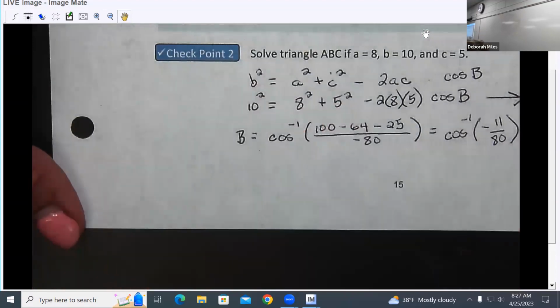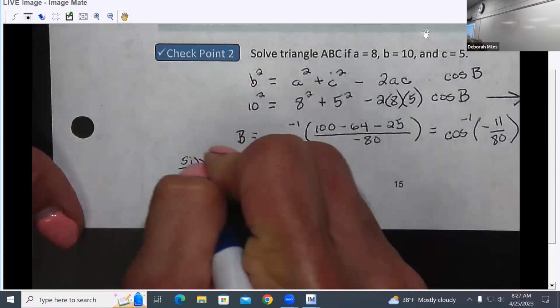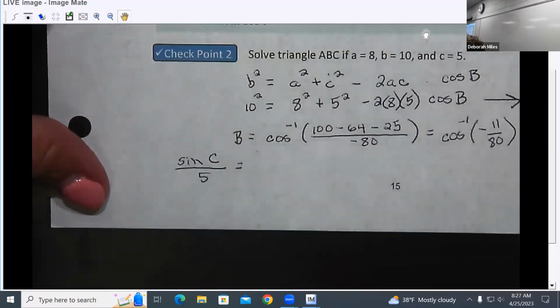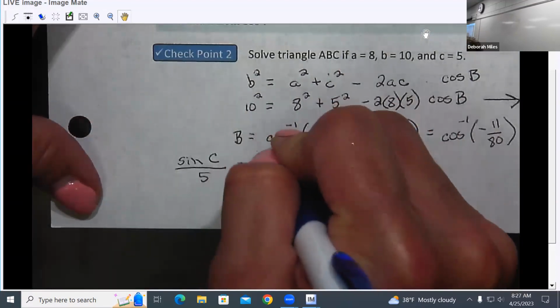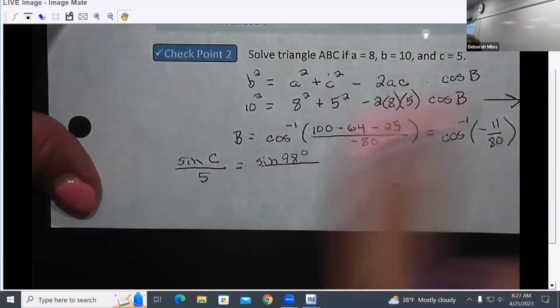Then we could say sine C over 5 equals sine of 98 degrees over 10.